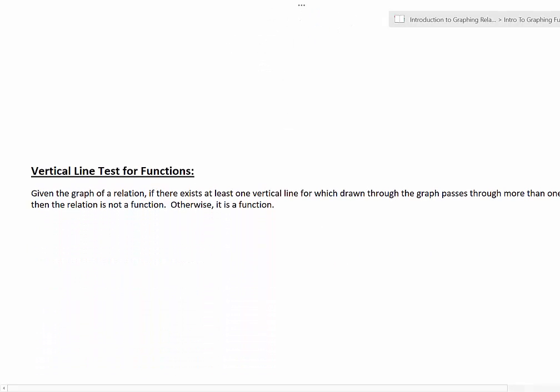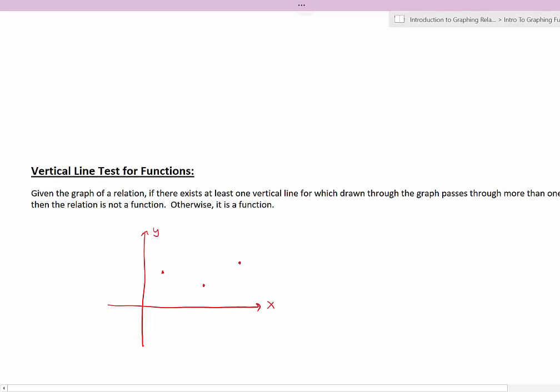So let's do one last example just to get this idea across. We're going to draw a little Cartesian plane here, and I'm just going to graph a few points. 1 point, 2 points, 3 points. There are some points. I don't even know what they are. It doesn't matter here. So you say, okay, that's my entire graph.